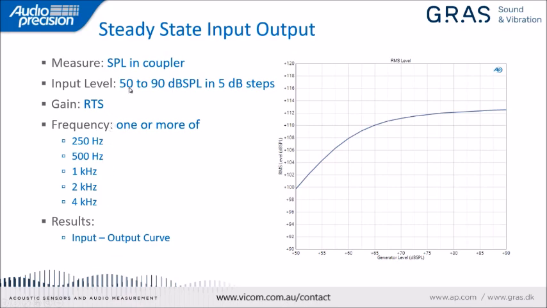We step the level in 5 dB steps from 50 to 90 dBSPL, and we measure the input-output curve as shown here. So for hearing aids with automatic gain control, you can see that we have a linear response from about 50 to maybe 57 dBSPL, kind of a straight line, and then it begins to roll off as the automatic gain control circuit cuts in.